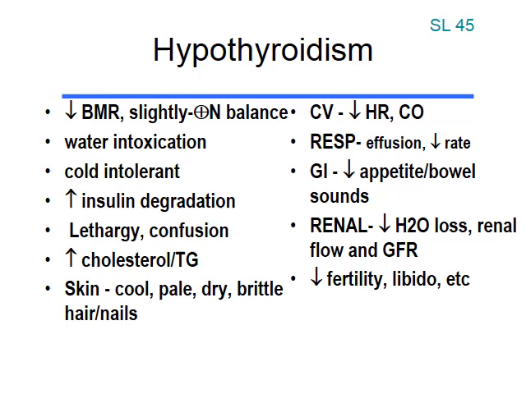There might be effects on their lipids, such as cholesterol going up and triglycerides. Cardiovascular effects, the heart rate might be slower than it should be, as the cardiac output as well. Decreased appetite, decreased bowel sounds, decreased water loss, decreased fertility and libido. All of these things can be the result of not having enough thyroid hormone, hypothyroidism.